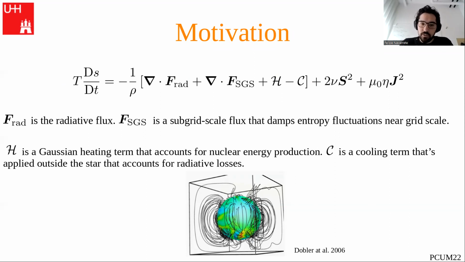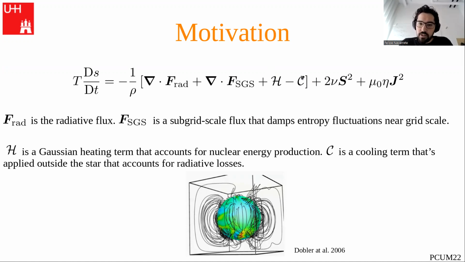Jordan already talked about this a few hours ago. In this equation, you see the radiative flux and a sub-grid scale flux, which is used to damp entropy fluctuations at the grid scale. Also, there is a heating and a cooling function.